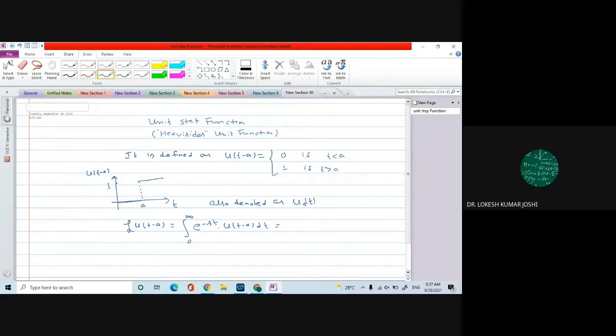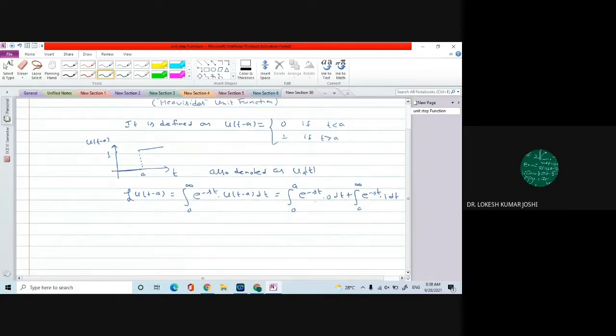Its value is 0 for t less than a, and 1 for t greater than a. Therefore, this limit 0 to infinity becomes the integral from 0 to a of e to the power minus st into 0 dt plus the integral from a to infinity of e to the power minus st into 1 dt.